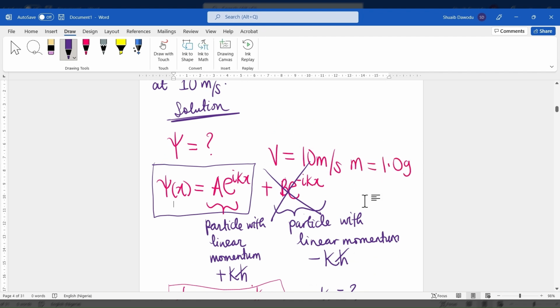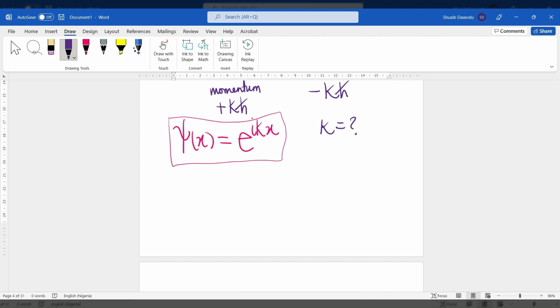If you remember your physics and some general chemistry, you know that linear momentum is simply mass times velocity, and we're given mass and velocity.